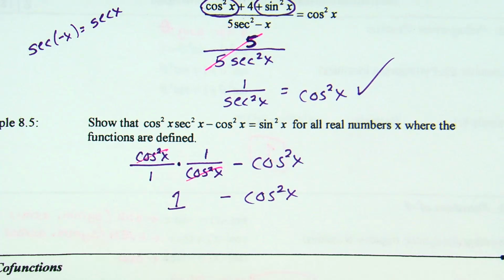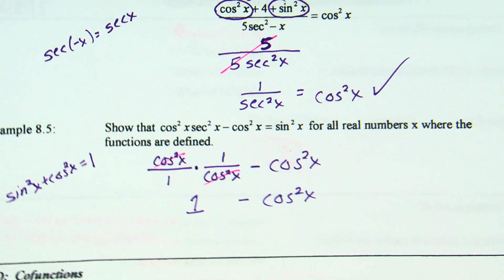Yeah, I'll jot it down over here. Pythagorean identity, sine squared x plus cosine squared x equals 1, doesn't it? And so if you take the 1 and subtract the cosine squared x, 1 minus cosine squared x just does so happen to be sine squared x, which was our goal.